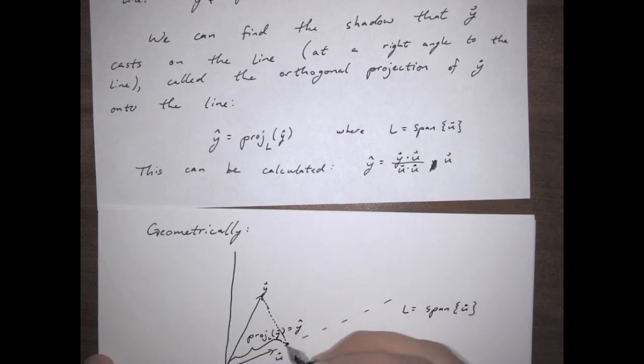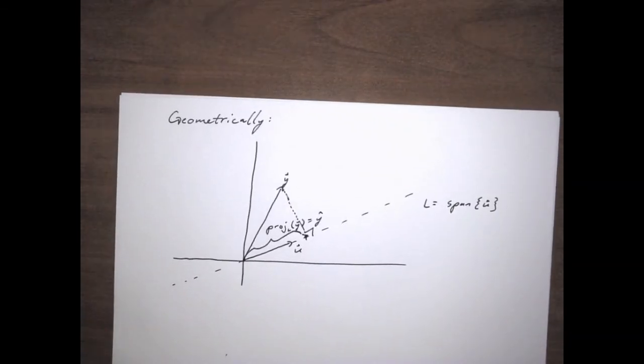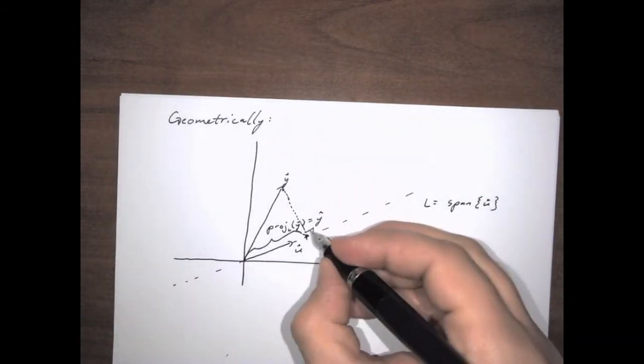This is not to be confused with unit vector notation. This is a separate notation specifically for orthogonal projections.